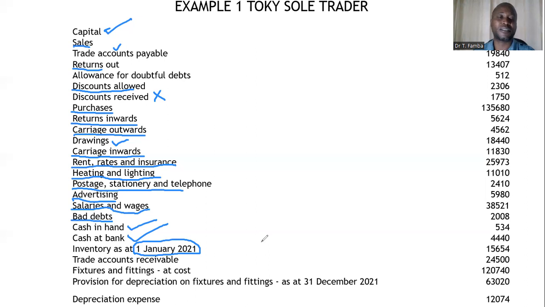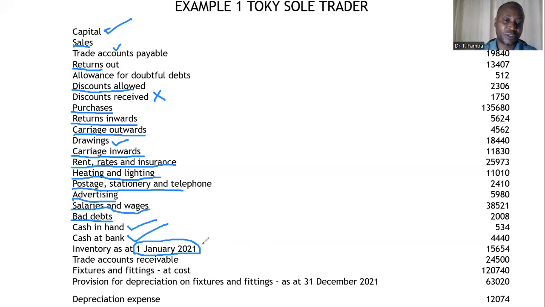These are extracts from activities for the year ended 31 December 2021. So January 1 was the beginning of that trading period, and having 1 January 2021 here shows that this is the opening inventory.